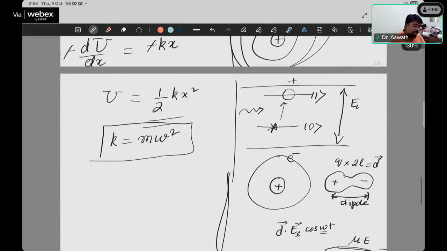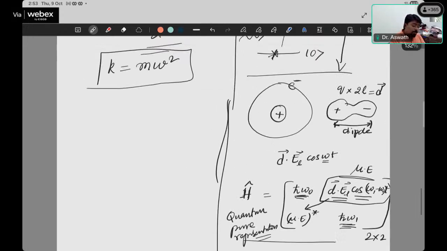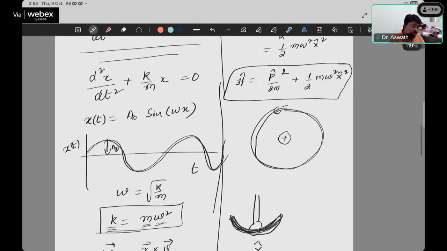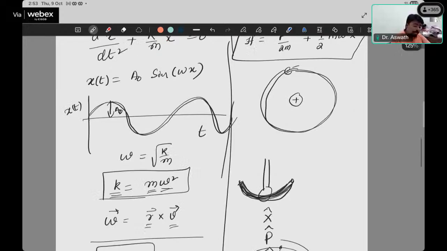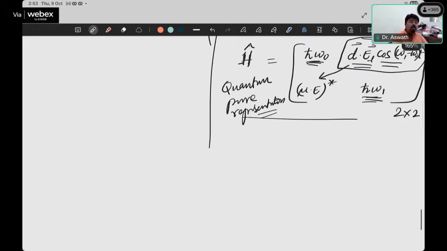Now you see, I am using an expression for the Hamiltonian and a matrix representation for the Hamiltonian.